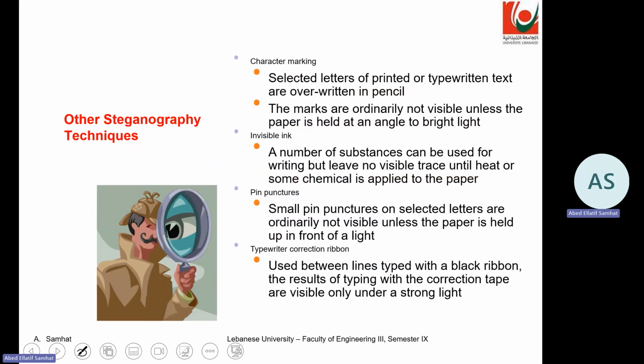In this case, another technique of steganography, we can, for example, make character marking to select letters of printed or typed text, or overwriting in pencil. Those are like secret ink or something like this, or invisible ink, a number of substances that can be used for writing but leave no visible trace.